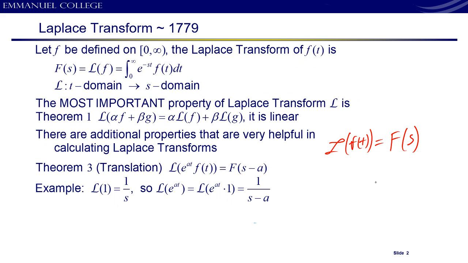Part of the reason, if you want to think about it, is that we've already gone through and done e to the alpha t, or e to the at. But if you think about the Laplace transform of 1, that's just doing this initial integral here, the integral from 0 to infinity of e to the negative st, which is where we get 1 over s.